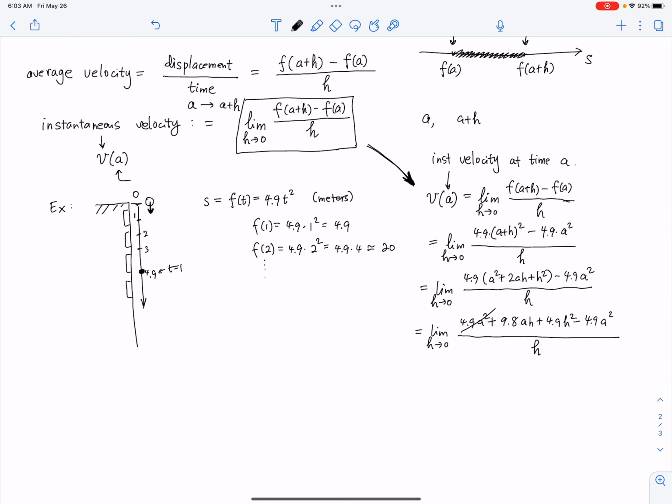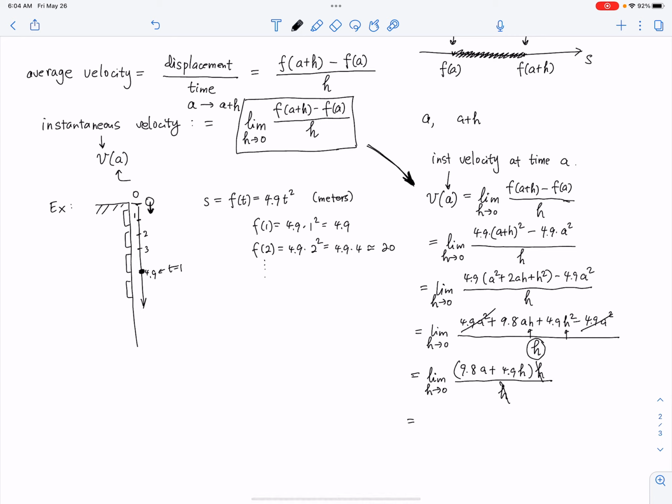And you can cancel this with that. And you can also see that you have h on the bottom, and the remaining terms on the top both have h. So h is here, and you have h squared. So you can cancel h from the top and the bottom, and you get 9.8a plus 4.9h, right? You can take out this h and divide it by h if you want, and h cancels.